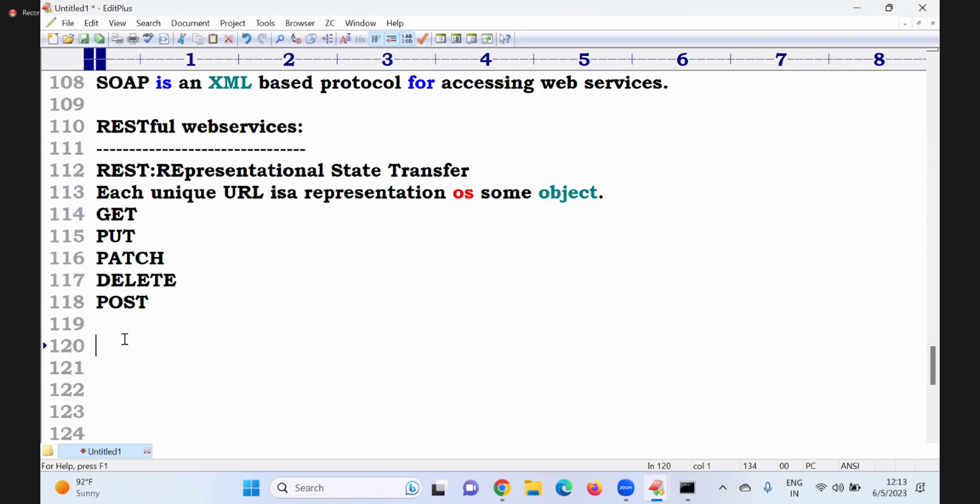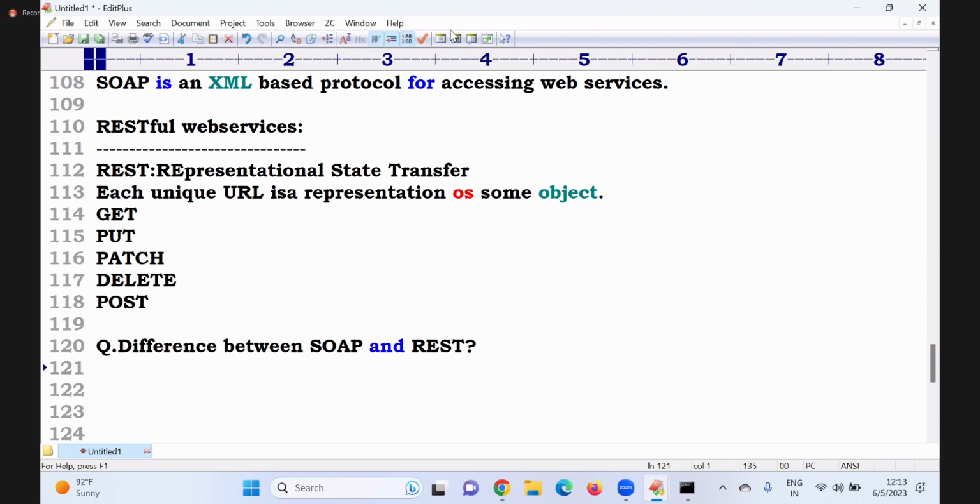If anybody in an interview room asks the difference between SOAP and REST, what is the difference? Where is less coding?